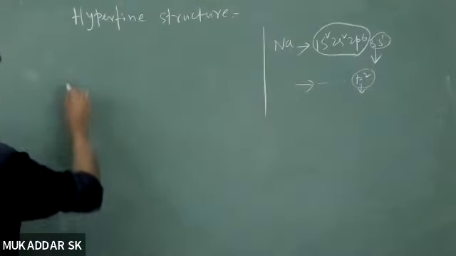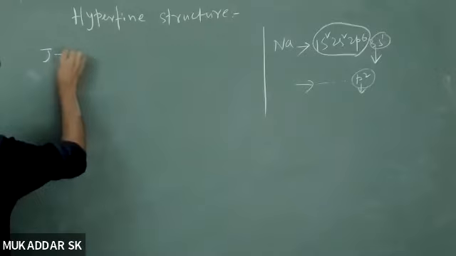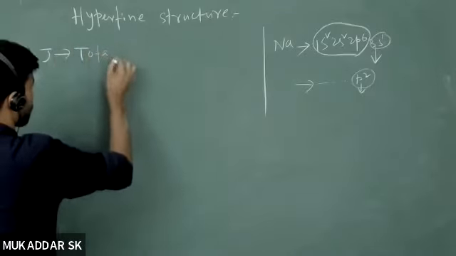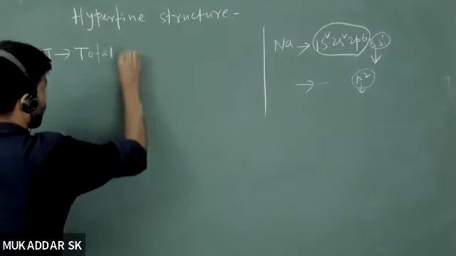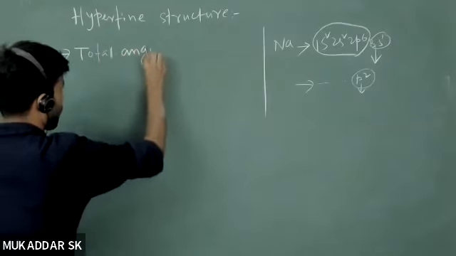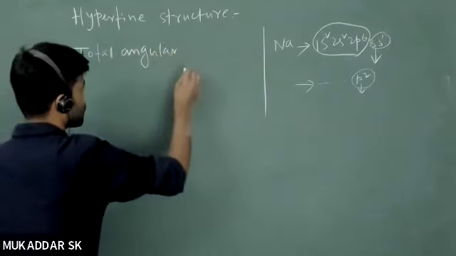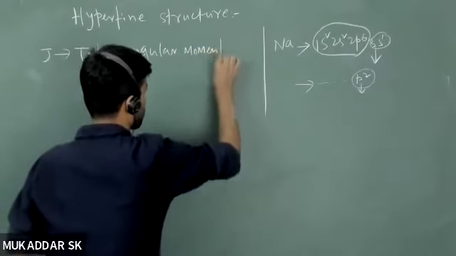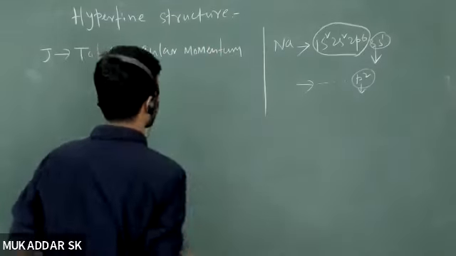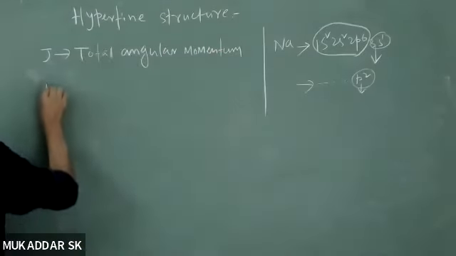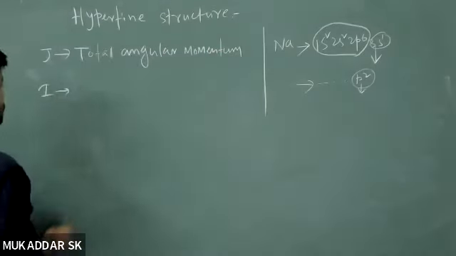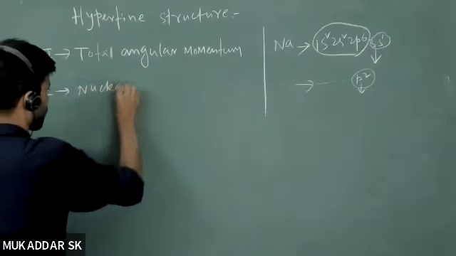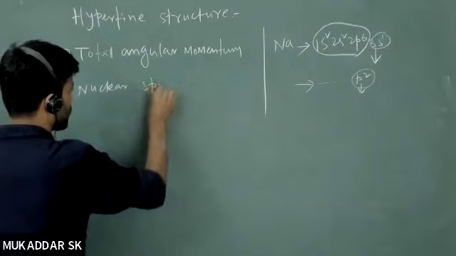So let us assume J is your total angular momentum, and I is nuclear spin angular momentum.